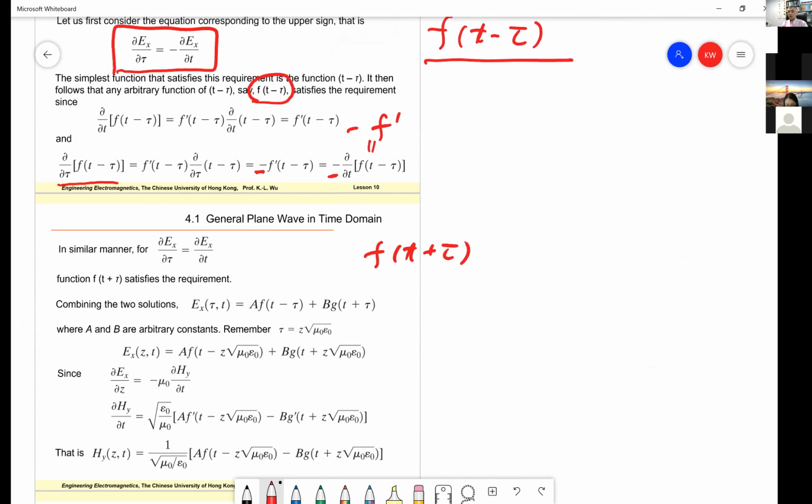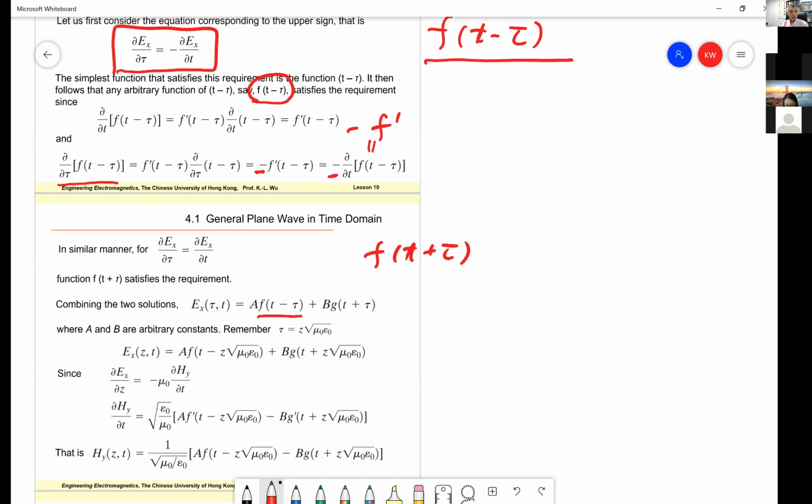So we have found a solution for these wave equations. The general solution is any function f with argument t minus tau.